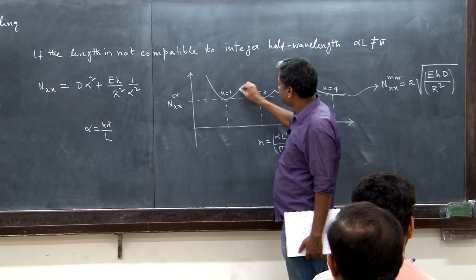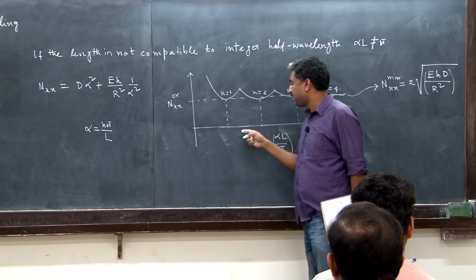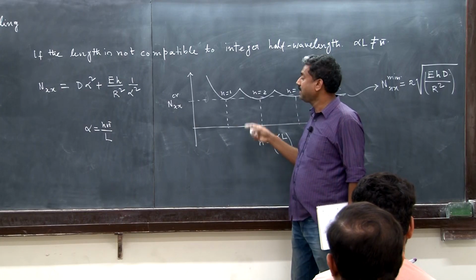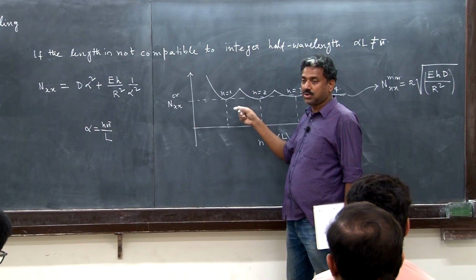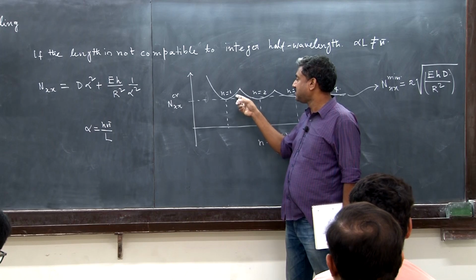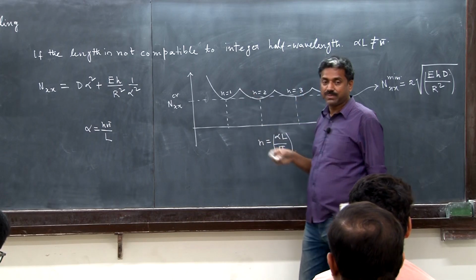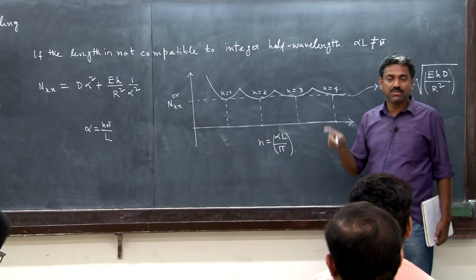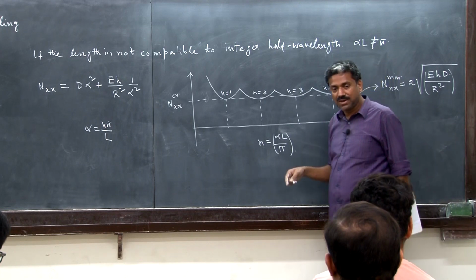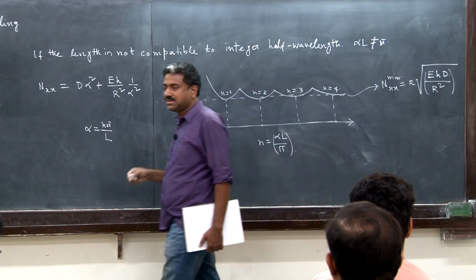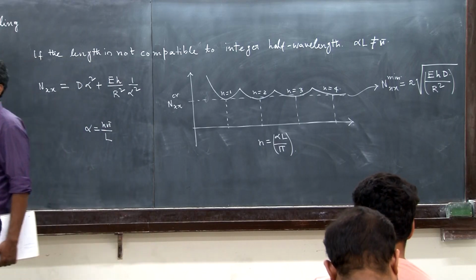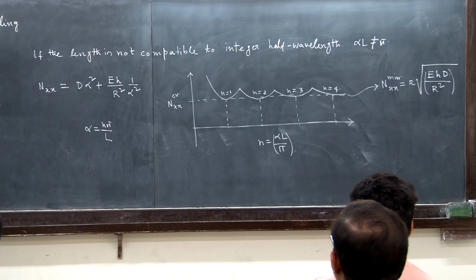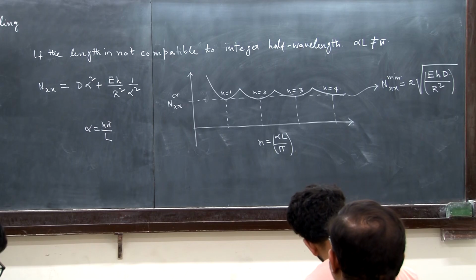And for increasing number of wavelengths, the modal transition occurs. So mode conversion: from the first mode it will go to the second mode, that means from a single wavelength it will immediately jump into 2 wavelengths and then 3 wavelengths, something like that. This is very similar to the behavior we have observed in plate buckling, right, clear.